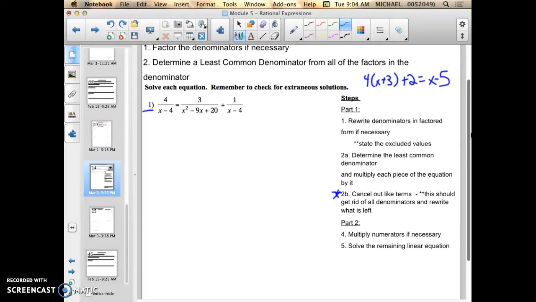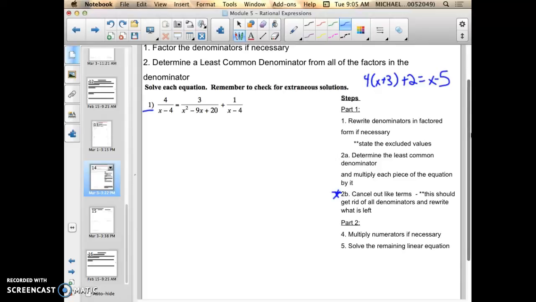Step 1 is to rewrite denominators in factored form if necessary, and then state the excluded values from factored form. So again, I need to analyze the denominators, in this case, the bottoms, and see if there are any pieces that need to be factored. The x minus 4 on the left-hand side of the equation and on the right already look like they are factored.